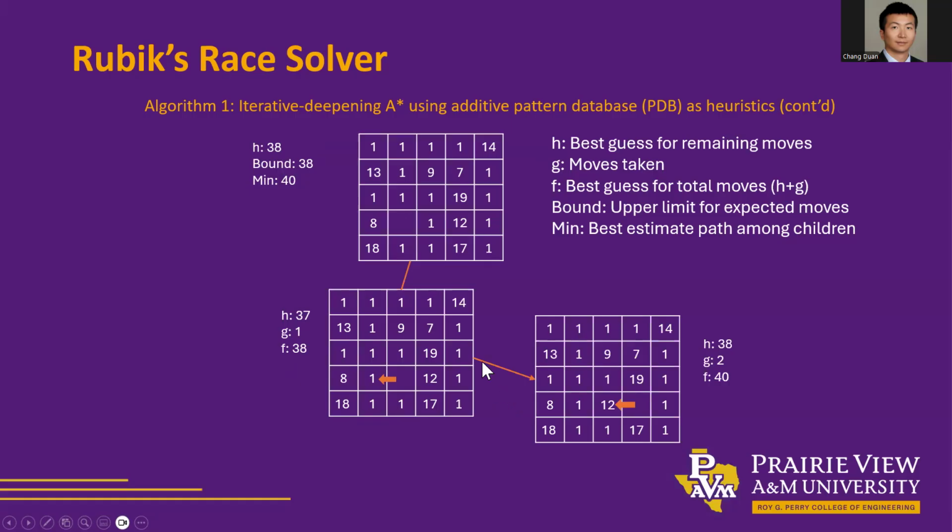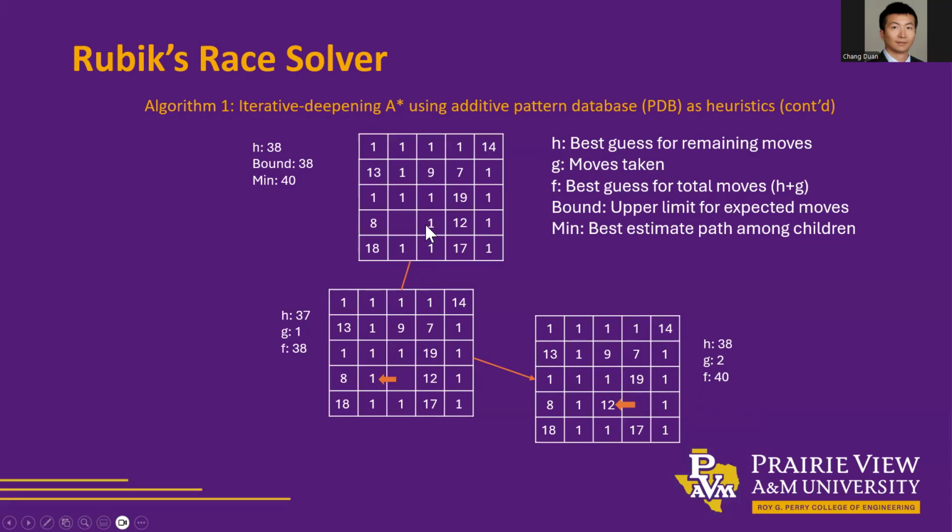One of the moves at this current state can be moving 12 to the left. Let's say H is 38, and we take two moves from the initial state to here, so G is 2. The total is 40, which is greater than the bound. So we stop looking at these children.